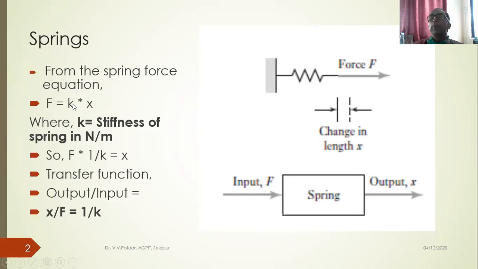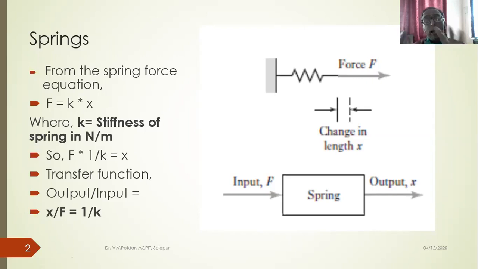The spring stiffness should be 1 Newton per millimeter. So this is how I can decide what should be the stiffness of the spring. This transfer function helps me in arriving at the selection of appropriate element property corresponding to my input-output requirements. So this is the benefit of the transfer function representation.